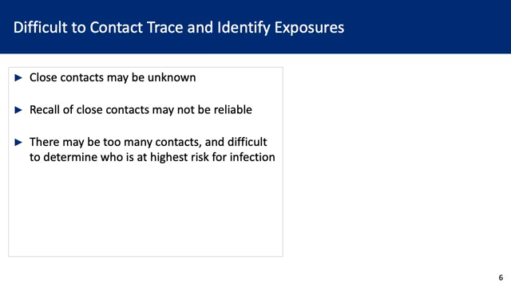Another example is where the recall of close contacts may not be reliable. So let's say that you're talking to the case and they just may not remember who they've had contact with for various reasons. Another example is where there may be so many contacts that they had, it's difficult to determine who's really at risk and who the possible contacts are that you need to find.